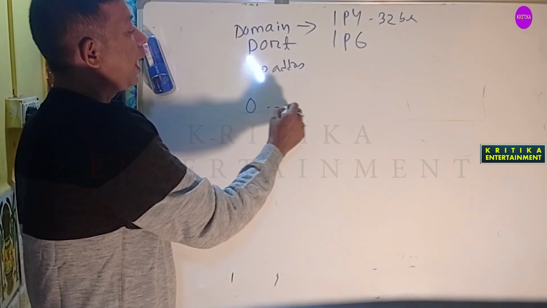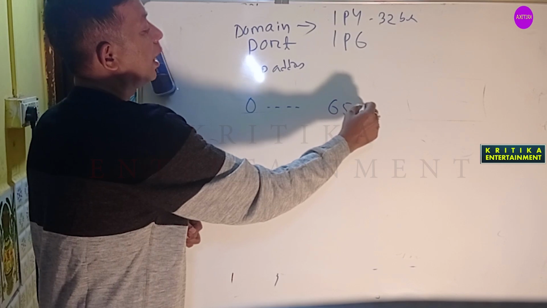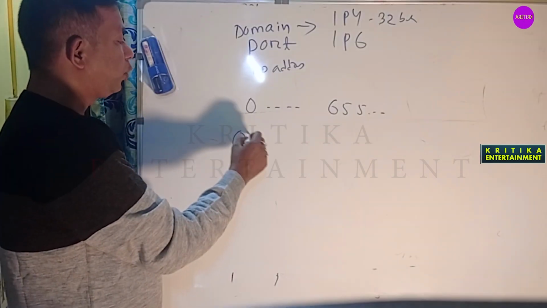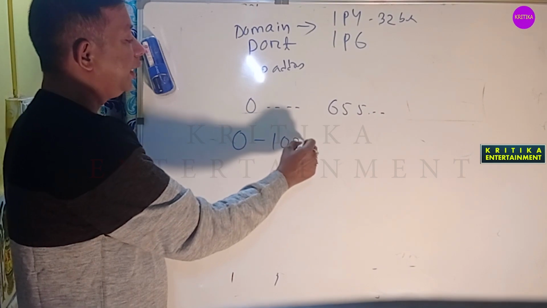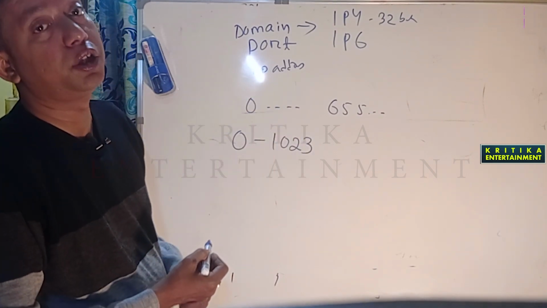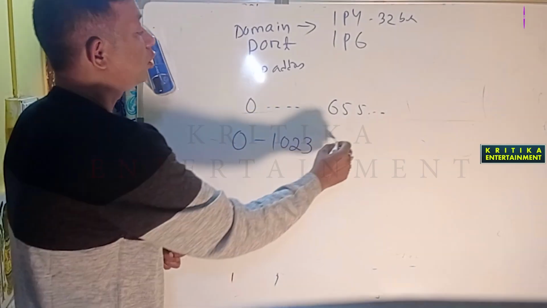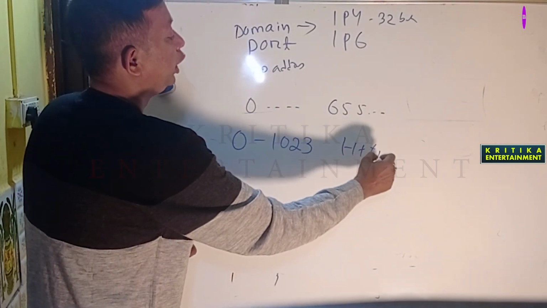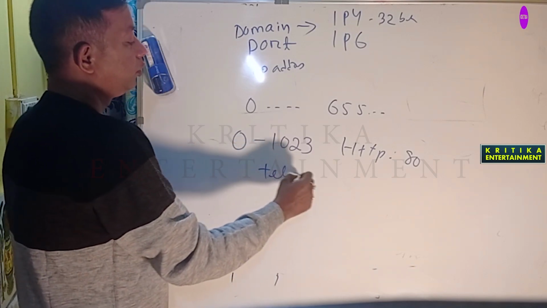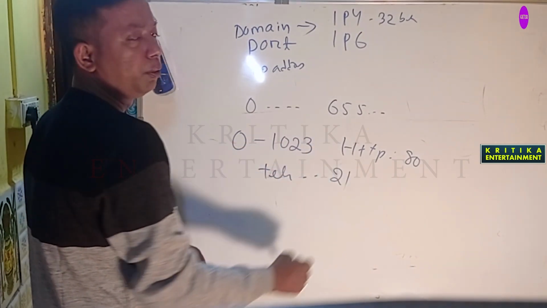It ranges from 0 to about 65,500. From 0 to 1023 are called predefined ports, which are already used by some programs. For example, HTTP uses 80, and telnet, I think, uses 21.